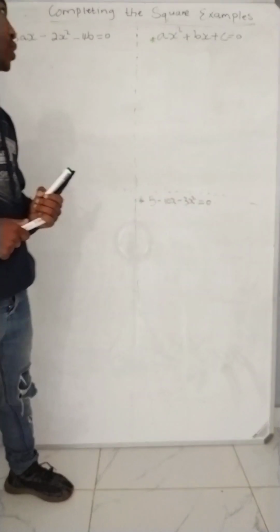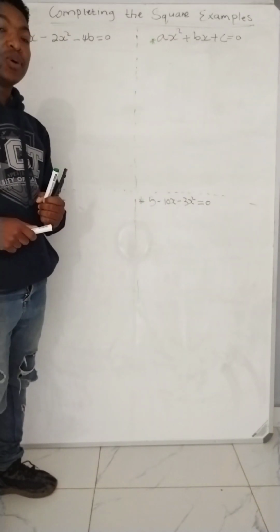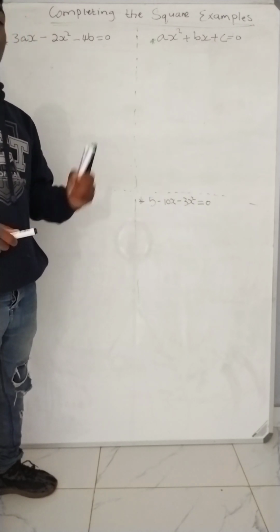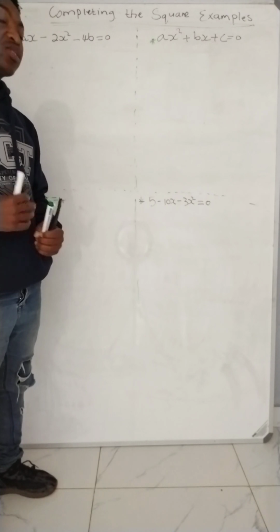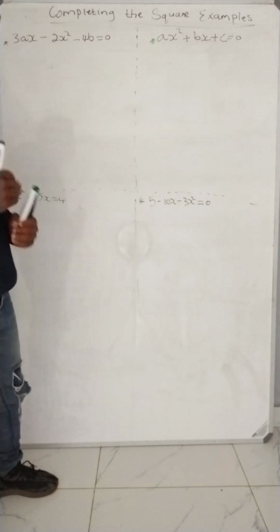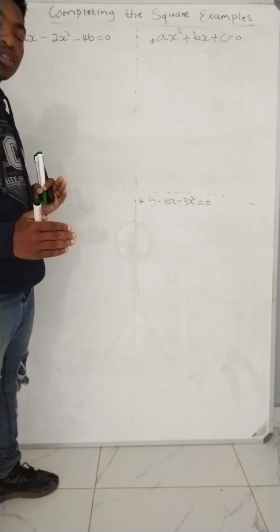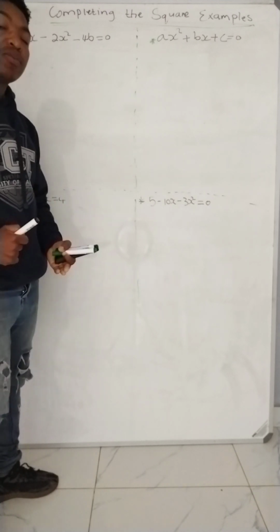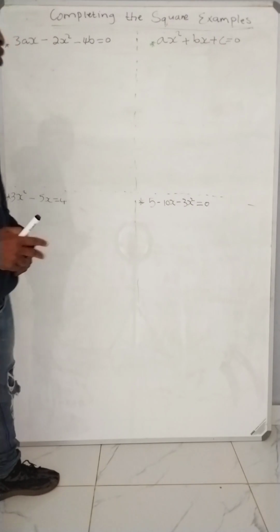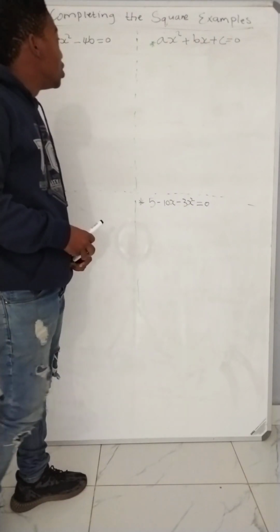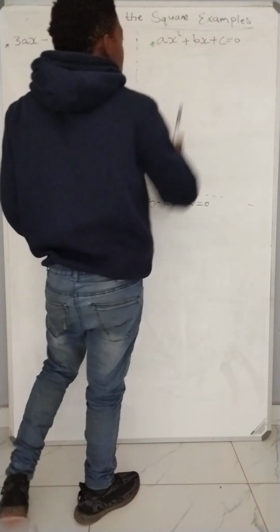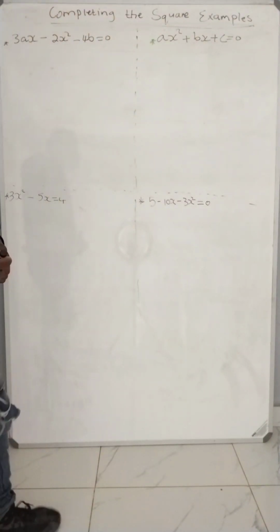We analyzed it and scrutinized it, and in this video we are going to do examples that you could find in completing the square. So that's how we will do our videos. We introduce this chapter and then we explain it in details, and then in the following video we do the examples. So in this video we're going to be doing examples of completing the square.